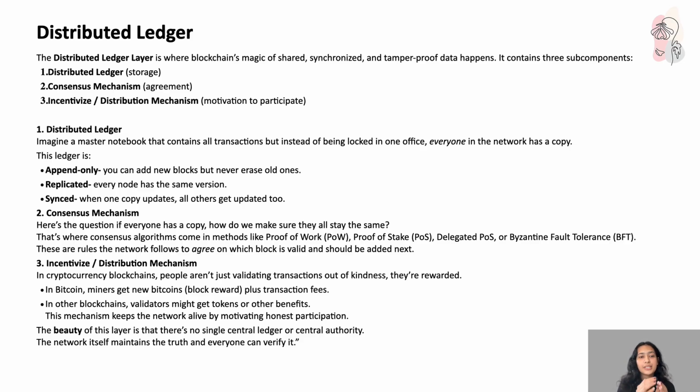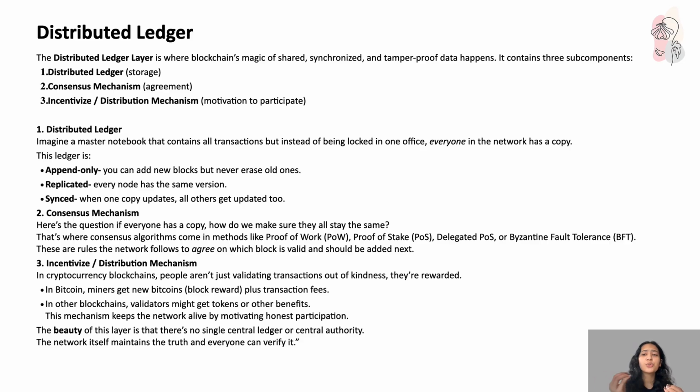And then let's come to the second, consensus mechanisms. I told you, if I make a change, your copy will also have the change. But if everyone has a copy, how do we make sure that all stay the same? This is where the consensus algorithm comes in. Methods like proof of work, proof of stake, delegated proof of stake, or Byzantine fault tolerance. You don't have to remember all these big words.